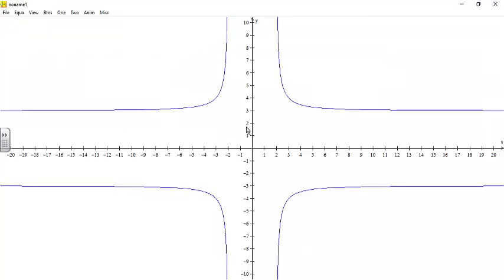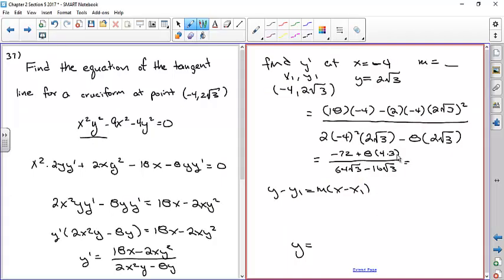Yeah, it should be a positive slope right there, because I'm getting a positive number.